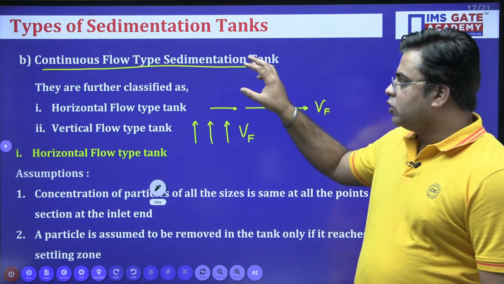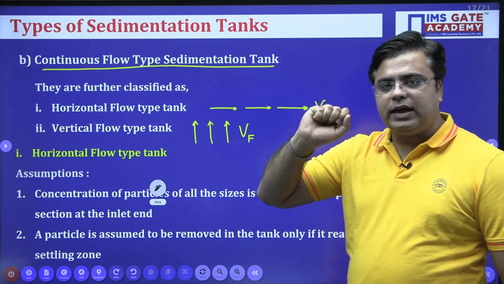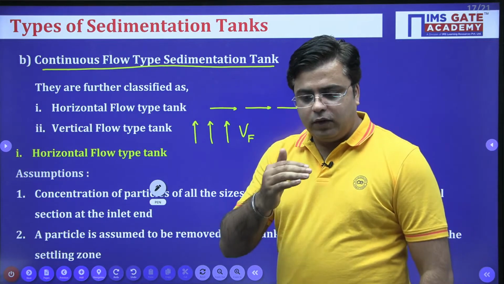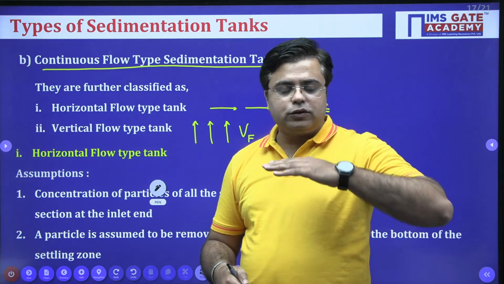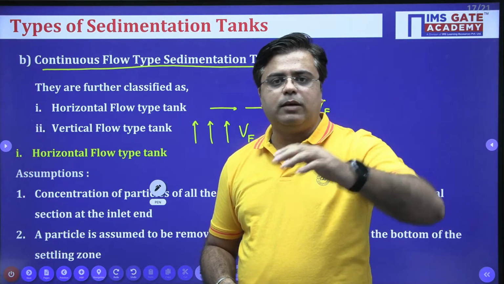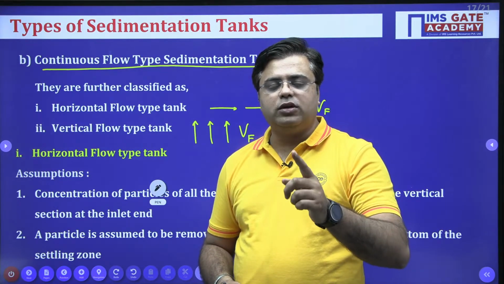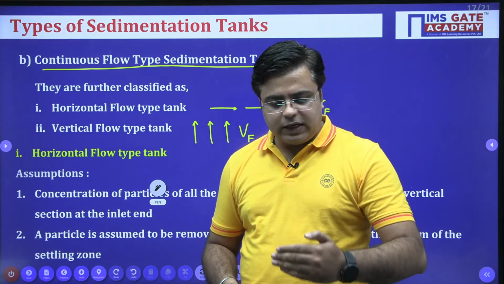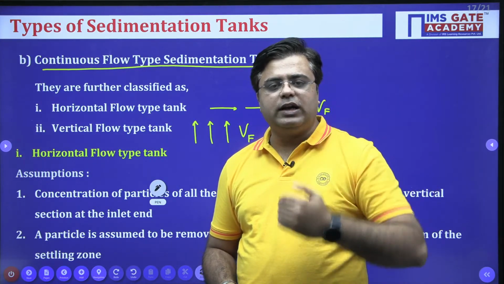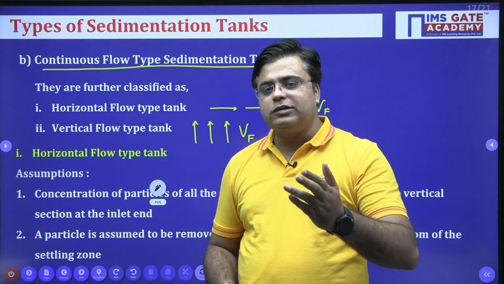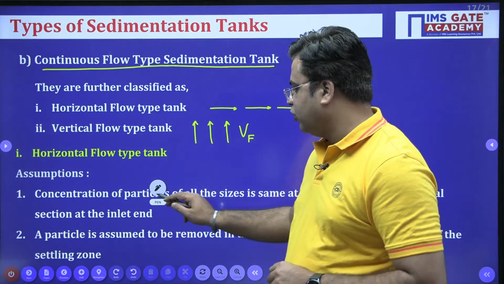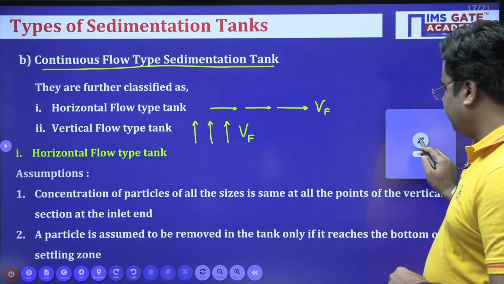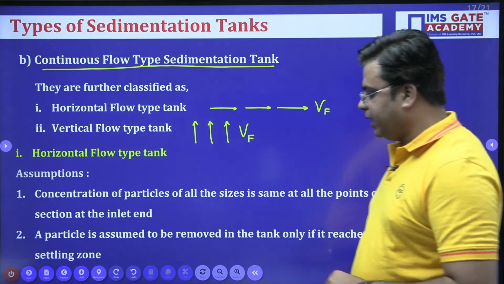So continuous flow type sedimentation tanks are those in which we maintain a continuous flow of water. If the direction of flow is along the horizontal plane, they are known as horizontal flow type tanks. If along the vertical plane, they are known as vertical flow type tanks. We will start with the horizontal flow type tank.